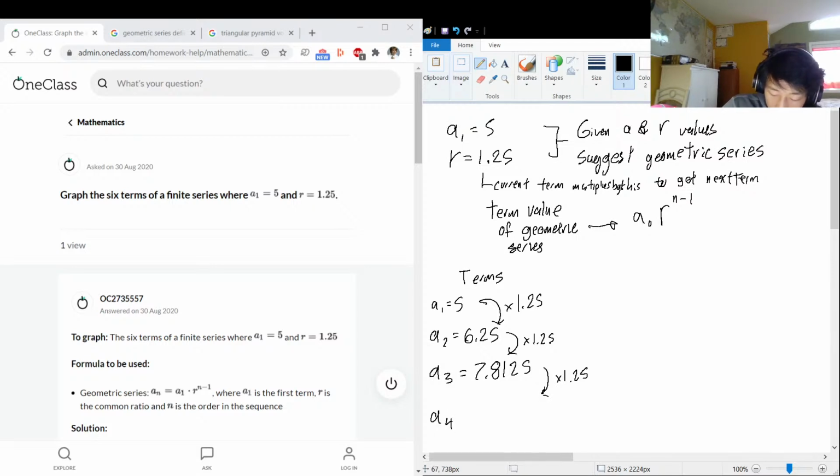We get 7.8125 times 1.25. That's equal to 9.765625. Going to multiply by 1.25 to get the next term.